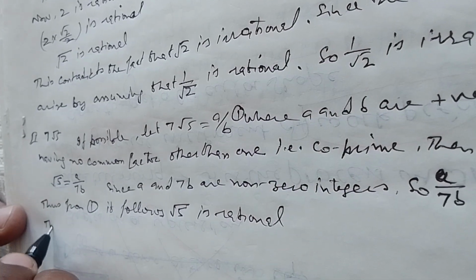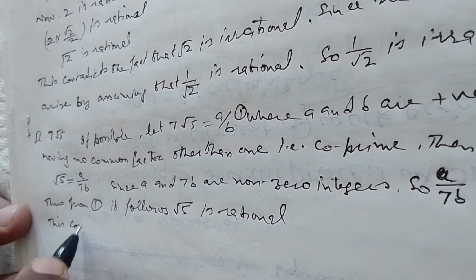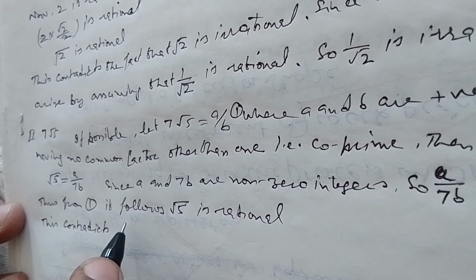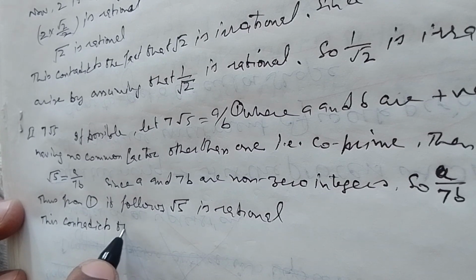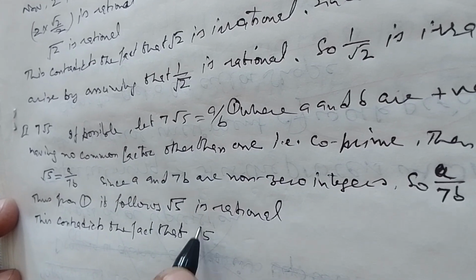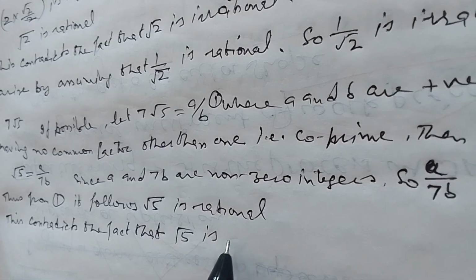This contradicts the fact that root 5 is irrational.